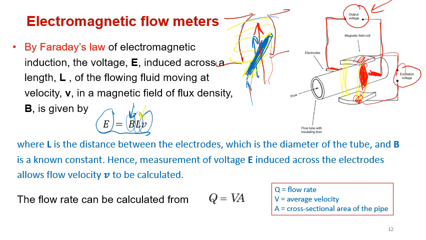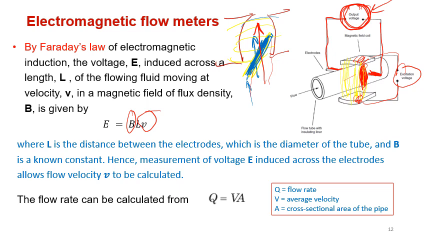What makes the voltage induced in the liquid? It's due to passing through the magnetic field with a certain velocity. With consideration to Faraday's law, the only parameter that will affect the quantity of voltage generated or measured is the velocity, because B, the flux, is going to be the same.